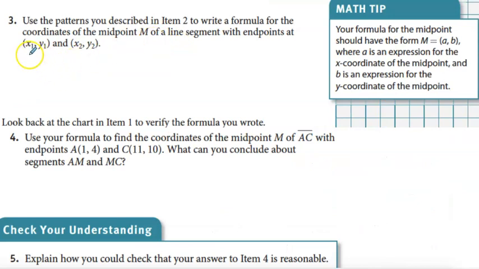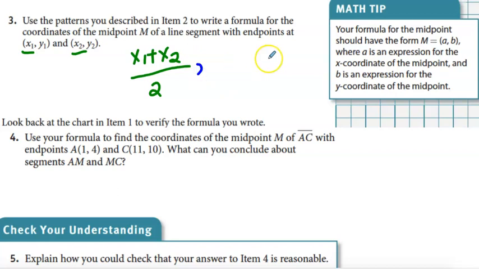So I'm going to do the same thing here. So with my x and my y, I'm going to add them together. So x1 plus x2, and then I always divided my answer by a 2, and that gave me the answer to my x coordinates.